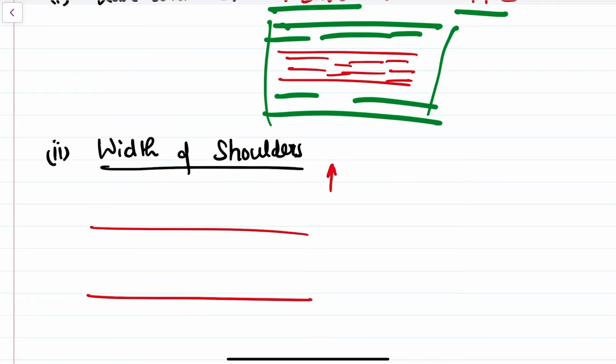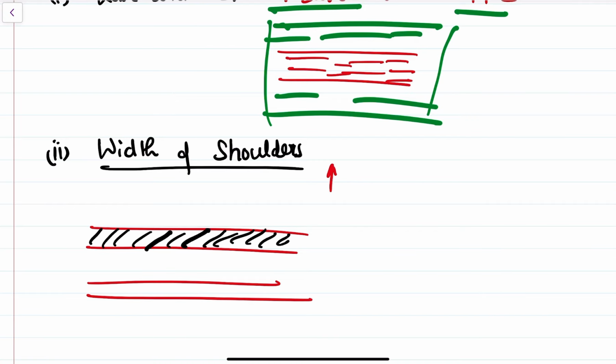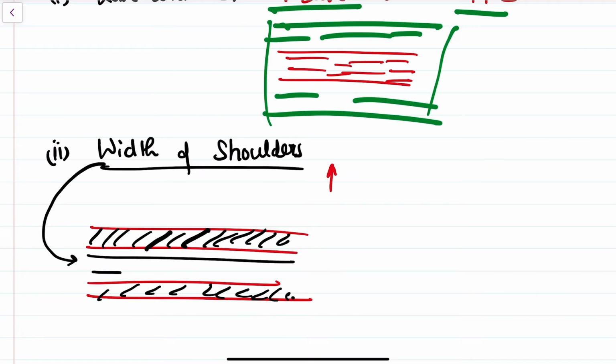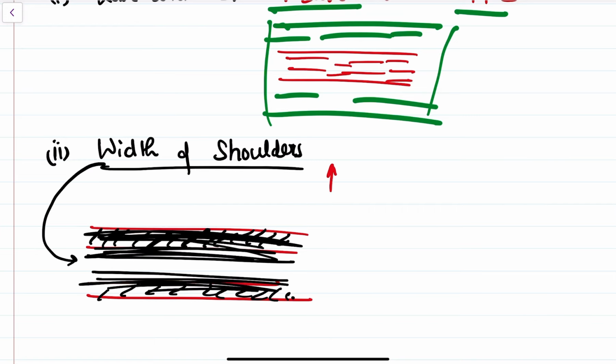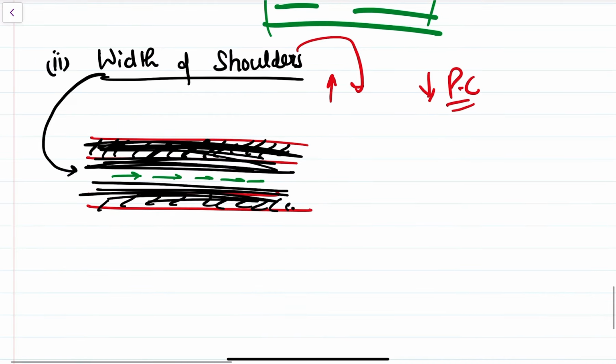So let's say if these are the shoulders along the carriageway, and then we increase the width of shoulders to this one, so the carriageway decreases, right? So if we increase the width of the shoulders, the practical capacity will decrease, right?